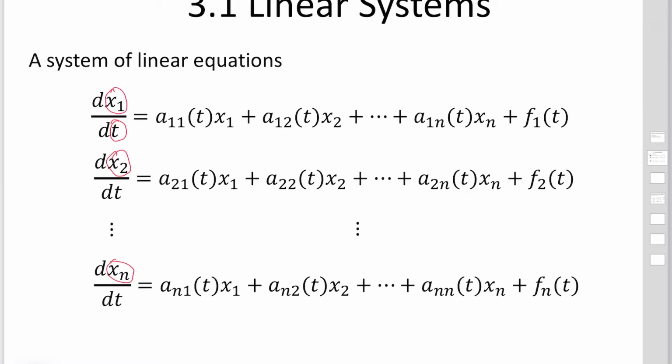So dx sub 1 over dt is expressed as a sub 1 1 times x sub 1 plus a sub 1 2 x sub 2 plus and so on, up to a sub 1 n times x sub n plus f sub 1.